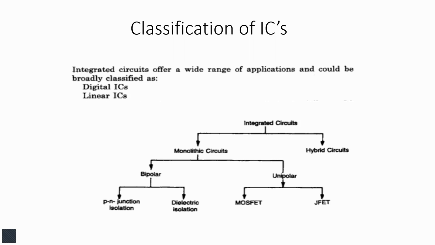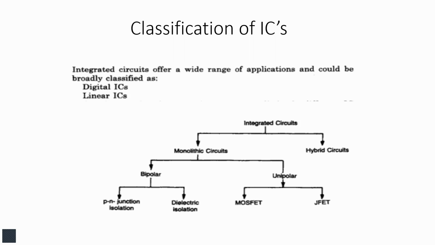In monolithic ICs, all the passive and active components are fabricated on a single chip, whereas in hybrid ICs, the active components are separately fabricated and then interconnected.